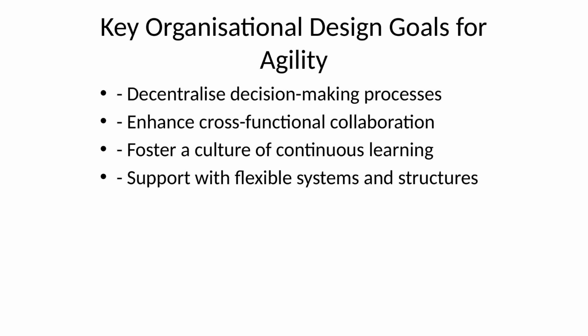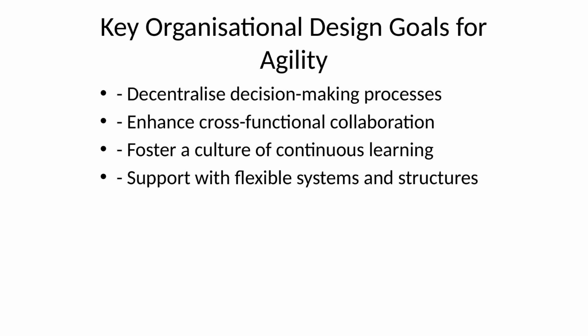Organizational agility requires rethinking what the business prioritizes and how it functions daily. First, decentralized decision-making allows frontline teams to act quickly without waiting for top-down approval, crucial in fast-changing markets. Second, cross-functional collaboration breaks down silos, encouraging departments to work together toward common goals.